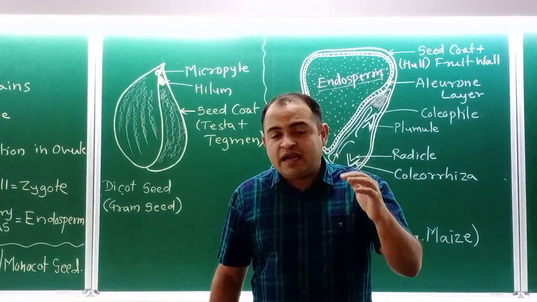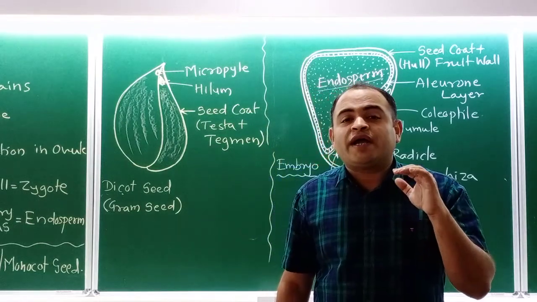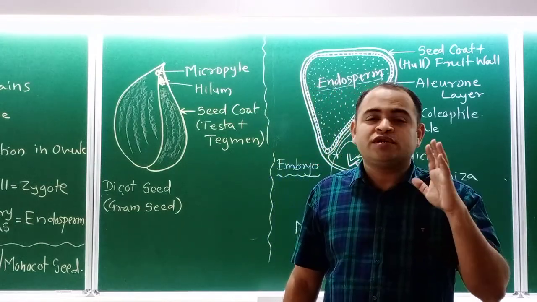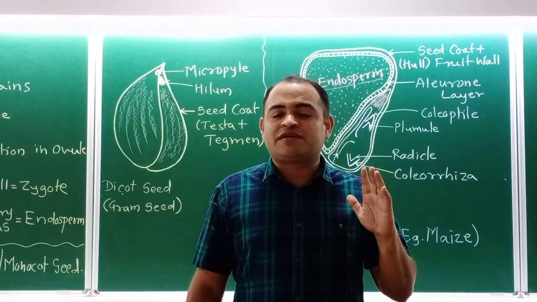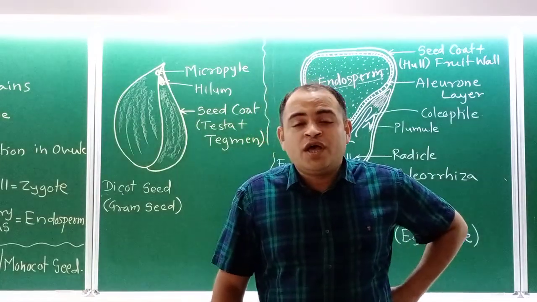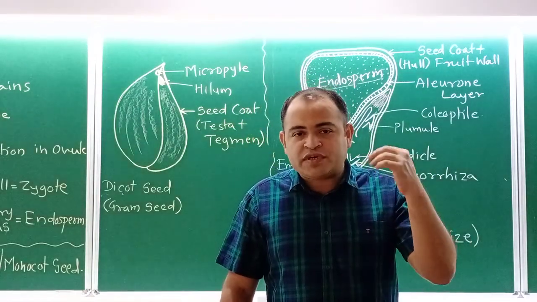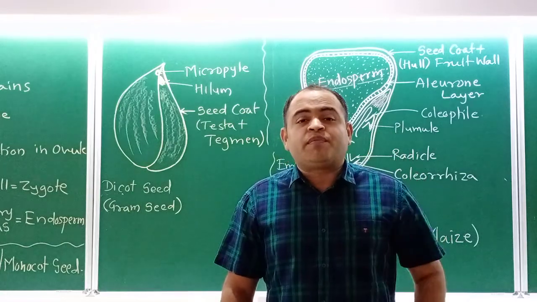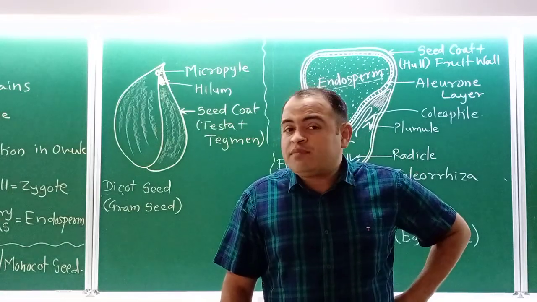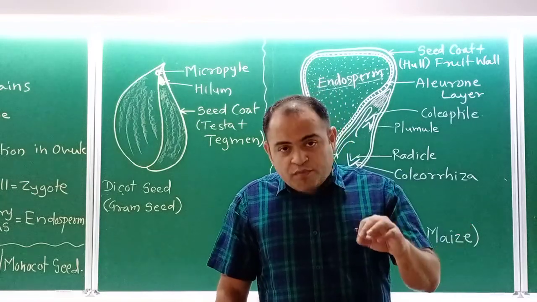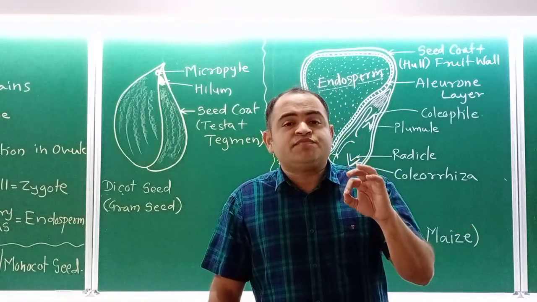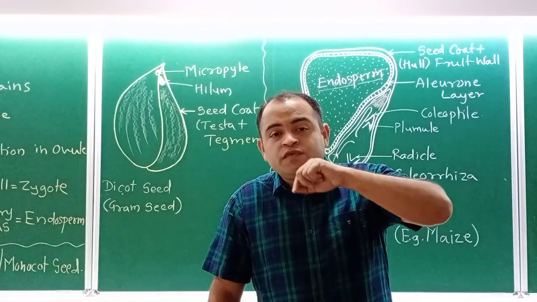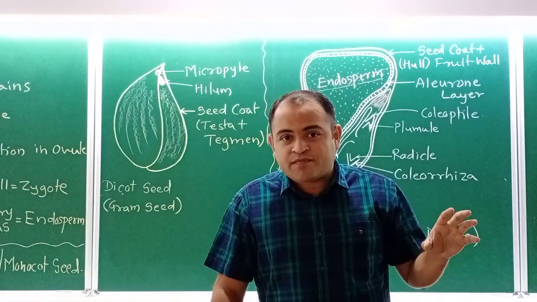Just above the hilum, there is the presence of micropyle. Now you should try to recall the basic concepts of ovule. Let there be anatropous, amphitropous or orthotropous ovule, there is always a presence of micropyle. What do you mean by micropyle? Micropyle is a typical opening in the ovule through which the pollen tube passes.